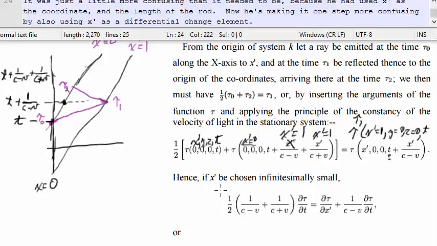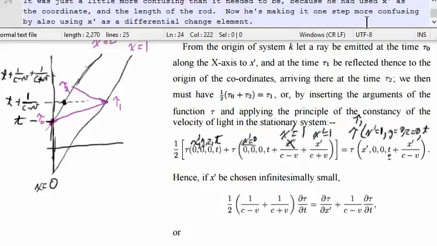It was just a little more confusing than it needed to be because he had used x prime as the coordinate. Here x prime equals 0, here x prime equals x prime, which is 1.